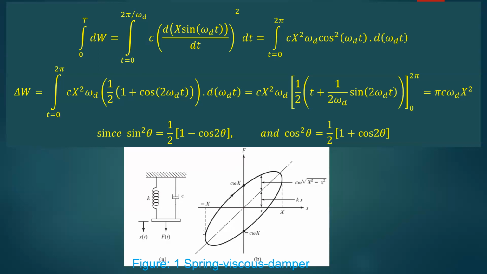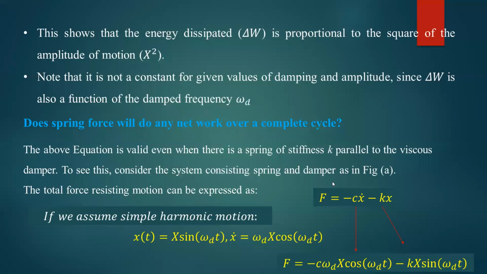This loop is called the hysteresis loop. This is a single degree of freedom system with a damper and what we call a stiffener. This K is the stiffener and the C is the damper. So this is what we call hysteresis.